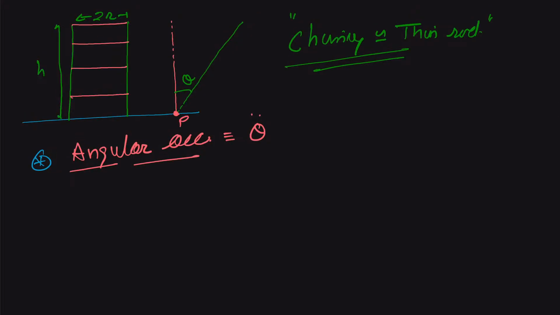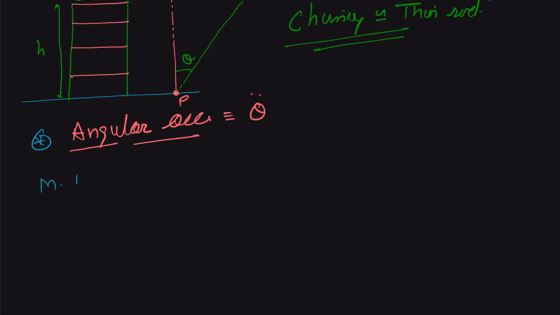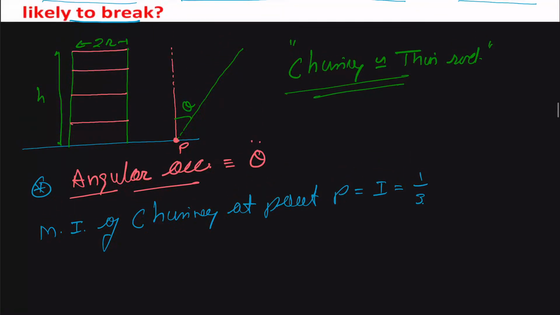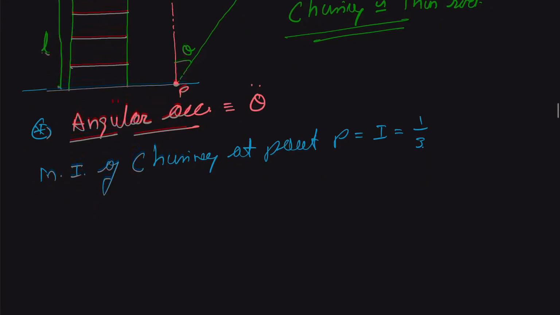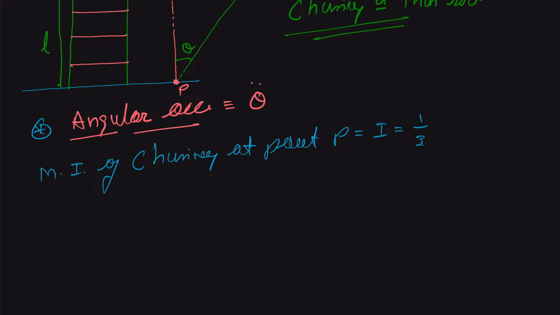Okay, let us call this pivot point P. So we can write the moment of inertia of the chimney about point P, let us suppose that is our I, which will be 1/3, and let us call this not H, but let us redefine this as L, length L, and this comes as 1/3 mL square.